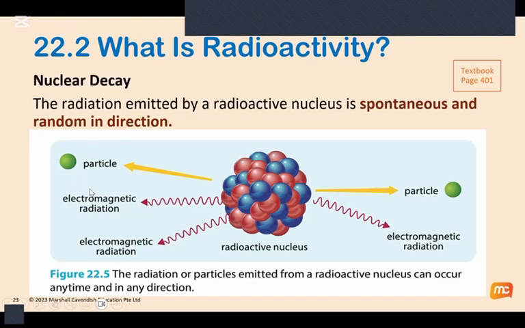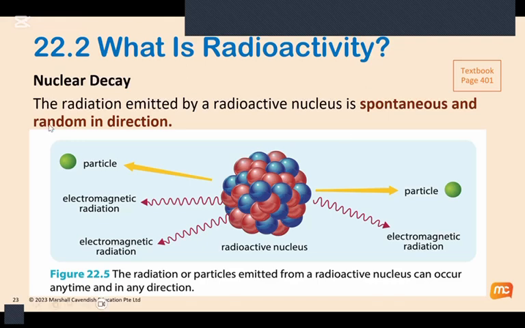It is not being controlled by temperature, pressure, or any other external factors. Not say, oh, I heat it, or if I hit an atom, it will emit out alpha, beta, gamma. No, it is not like, oh, I apply high pressure, then it will stop emitting. No. Okay, spontaneous means it will definitely happen, cannot be controlled by any factors.